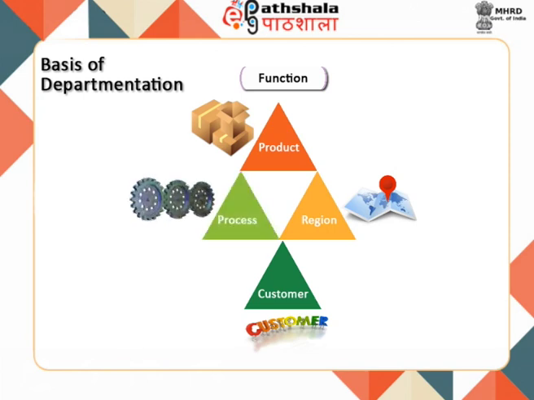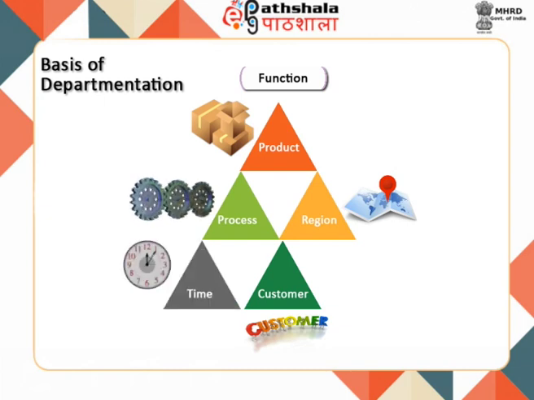5. Process or equipment. It is particularly used in case of manufacturing concerns. For example, in case of the textile industry, the process may include spinning, weaving, dyeing, drying, etc. 6. Time.